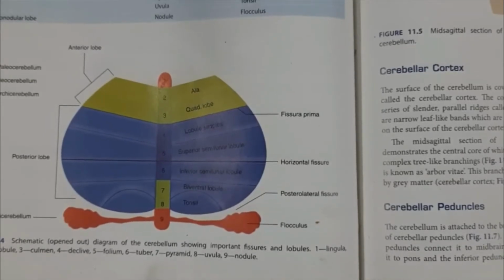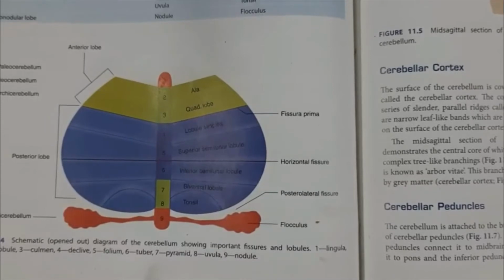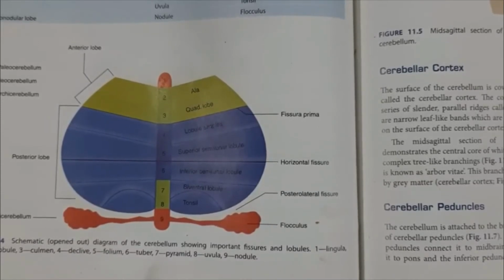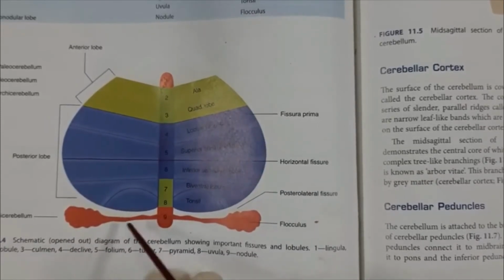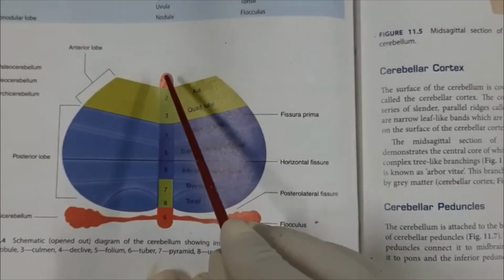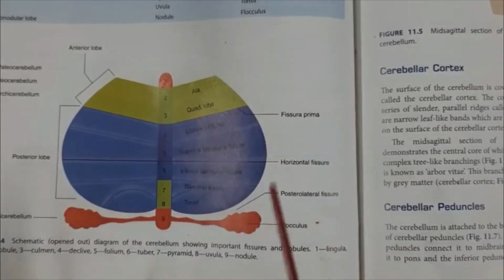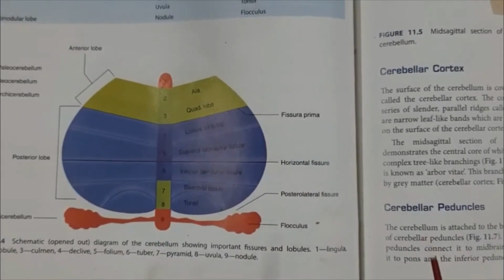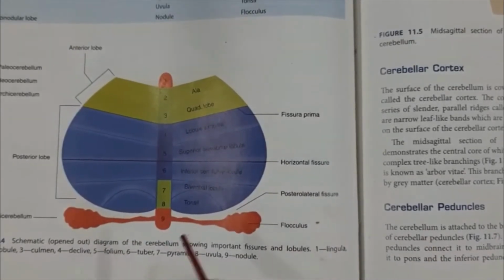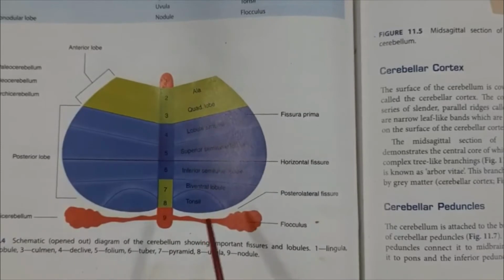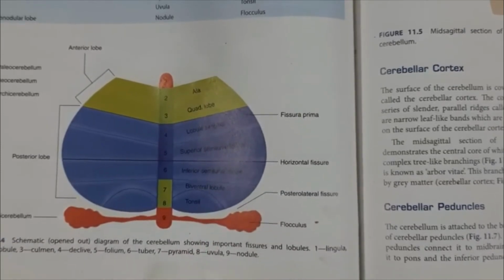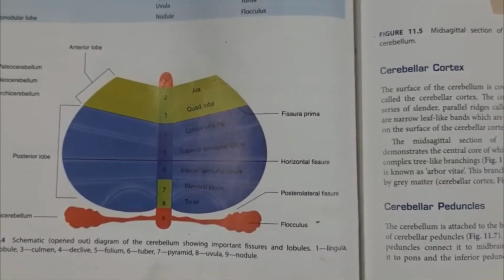So phylogenetically we have divided the cerebellum into the archicerebellum, which is the smallest part, the flocculonodular lobe and the lingula, and this is responsible for equilibrium and posture, right? So we have learned about these phylogenetic lobes.